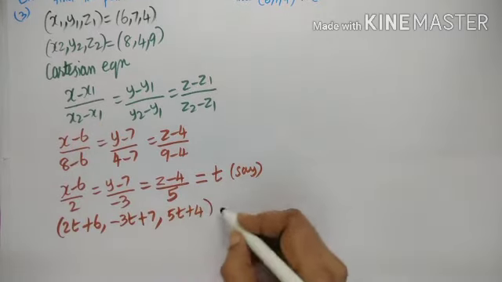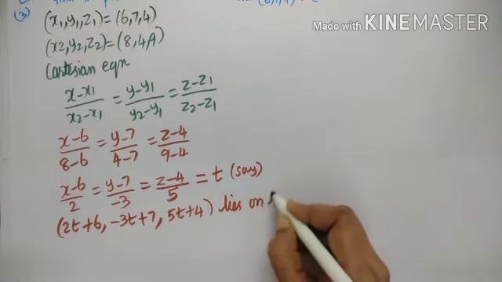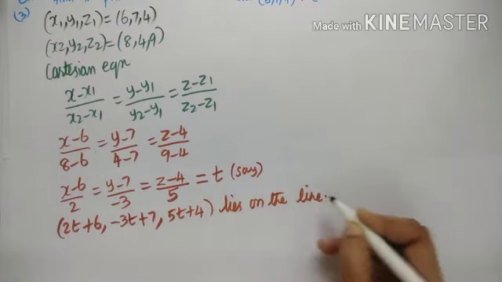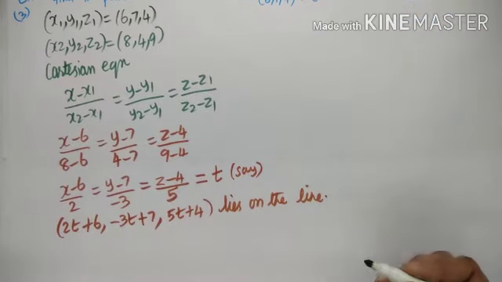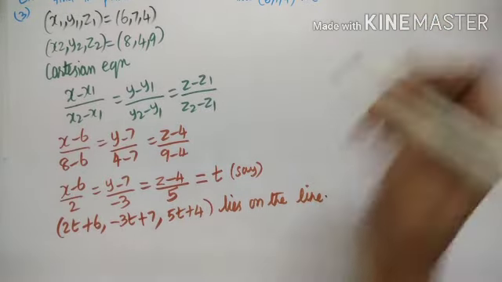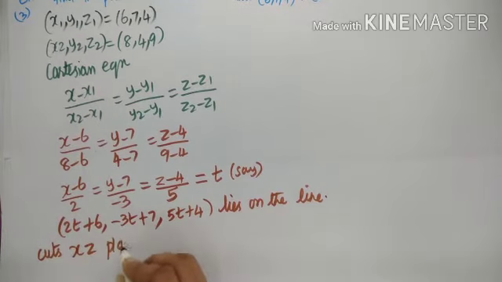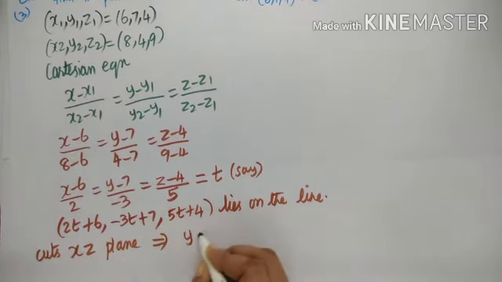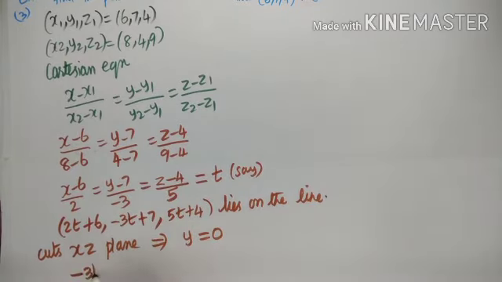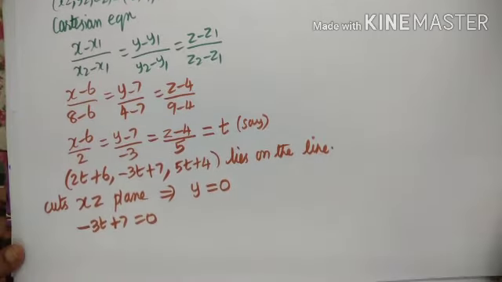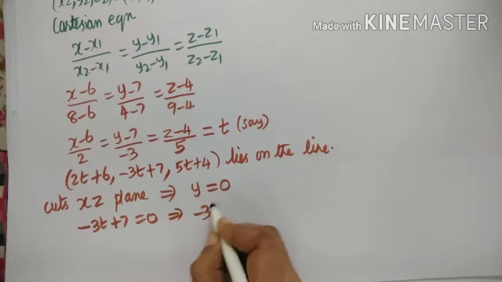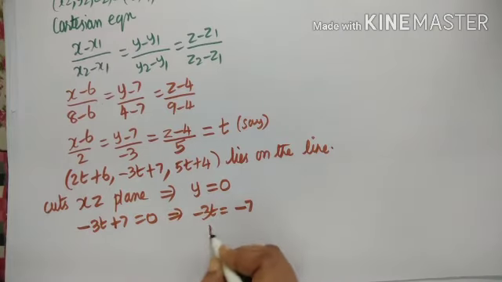So, this particular point lies on the line. My question is the line cutting xz plane. So, cuts xz plane implies y coordinate should be 0. What is the y coordinate here? Minus 3t plus 7 equals 0. This implies minus 3t equals minus 7, or t is equal to 7 by 3.